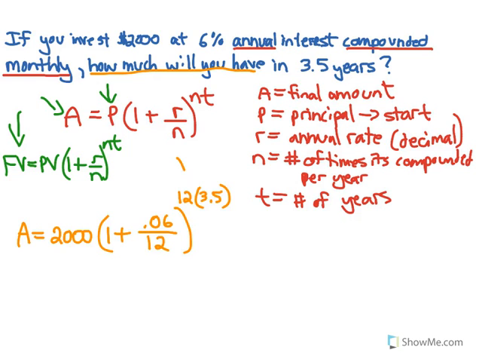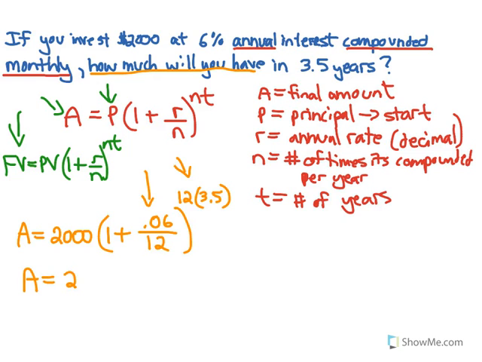Again, this is going to be the number of months in 3.5 years, right? 3.5 times 12. And this 0.06 divided by 12, that's your monthly equivalent rate. So it's not 6% anymore, it's 6% divided by 12, which is 0.5%. So we're compounding 0.5% interest 12 times 3.5 times.